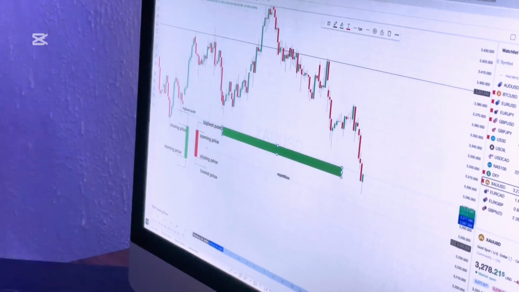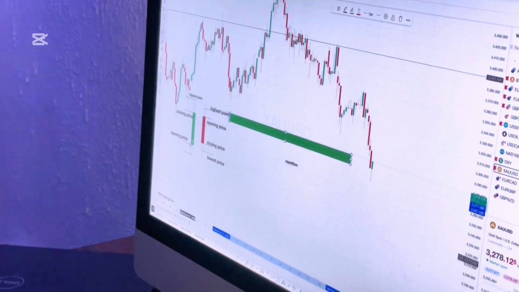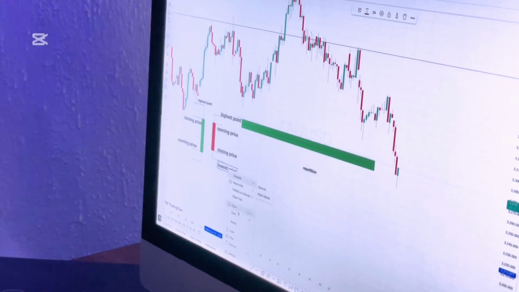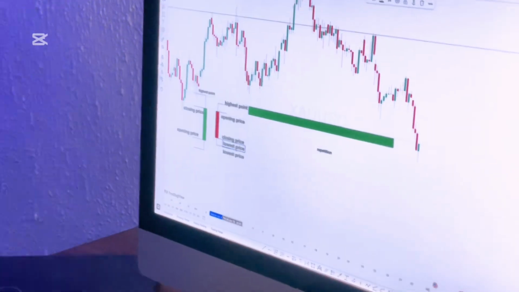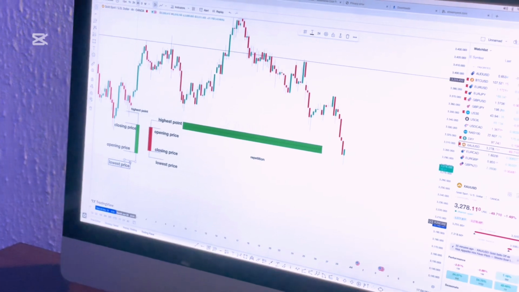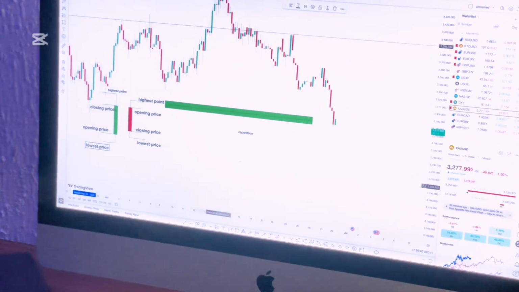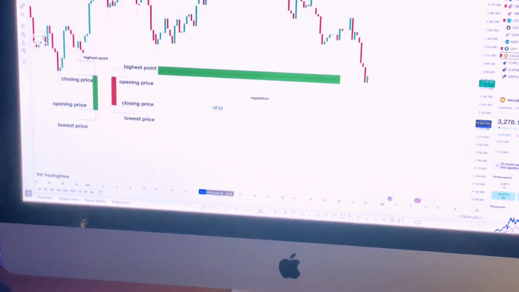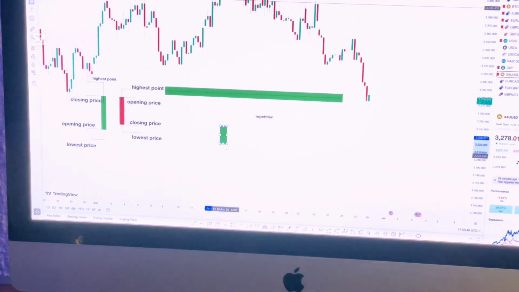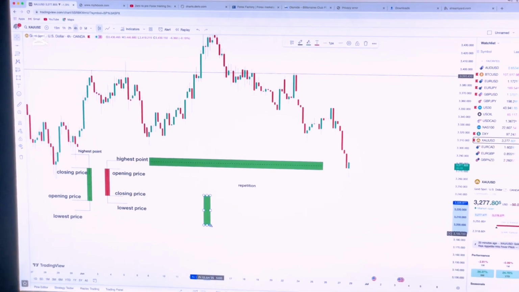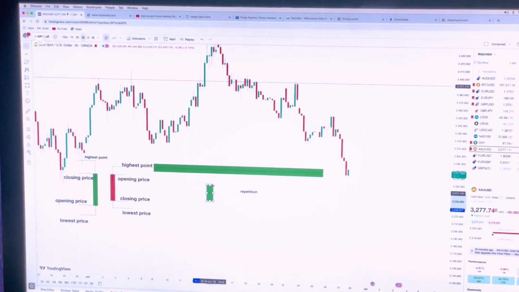Let's look at this particular thing right here. We have the opening price, and this particular point shows us the lowest price it got to. You understand? Now, when price is moving like this, it comes down, it changes to red, goes up, it changes to green.